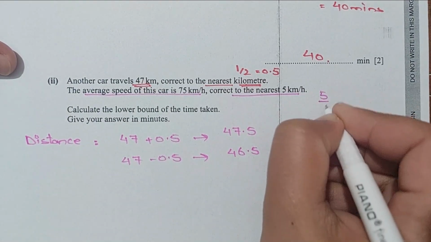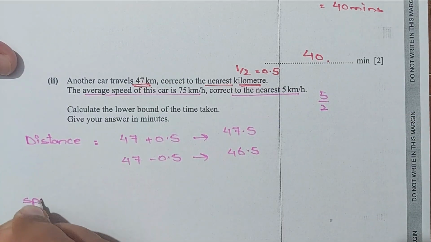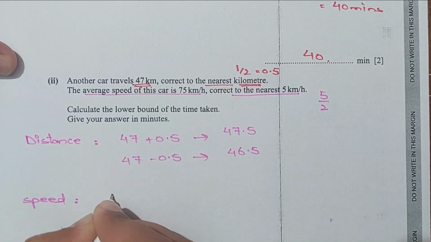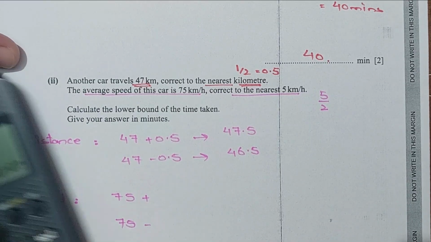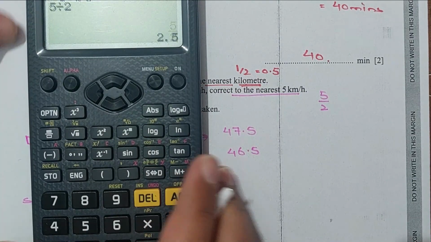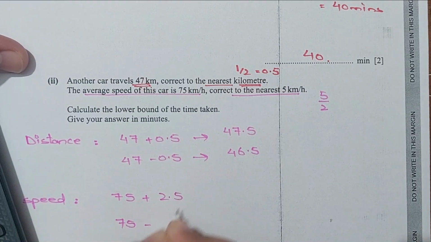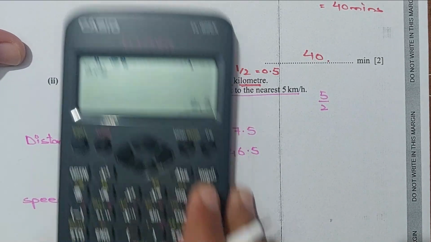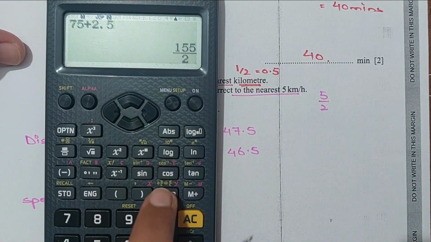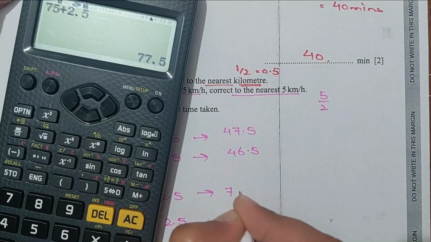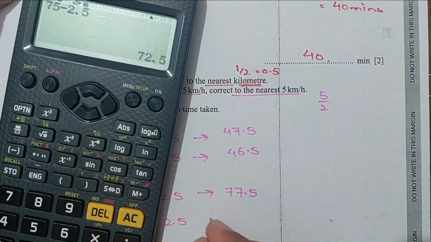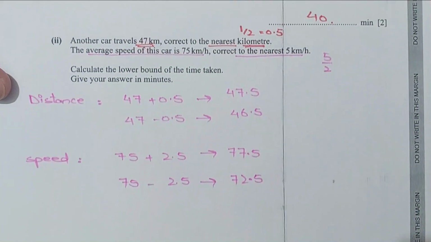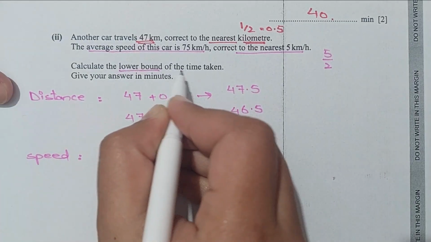So this is 5 by 2, which is 2.5. Adding 2.5 and subtracting 2.5: 75 plus 2.5 is 77.5 and 75 minus 2.5 is 72.5.